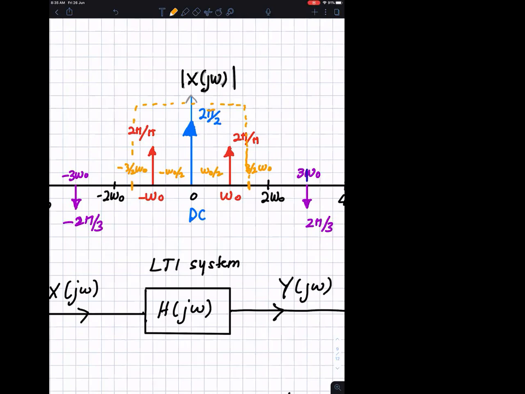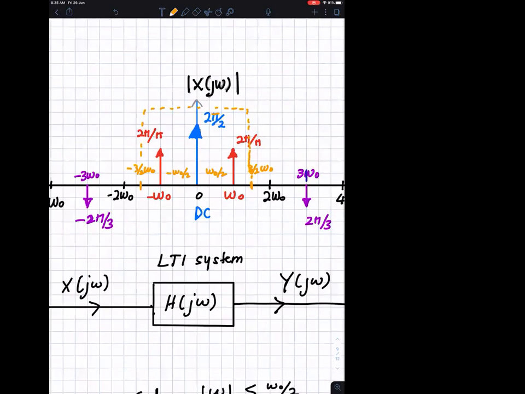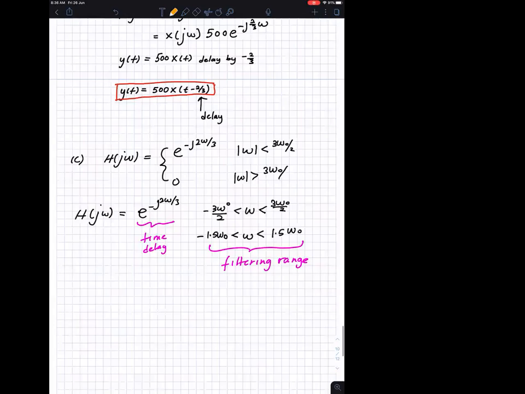So it's going to capture the DC plus the AC signal at omega naught. So this is going to be delta t minus 2/3.